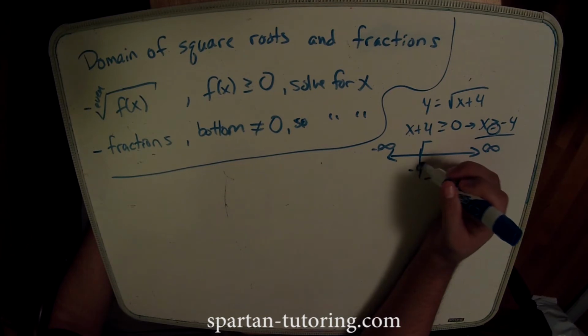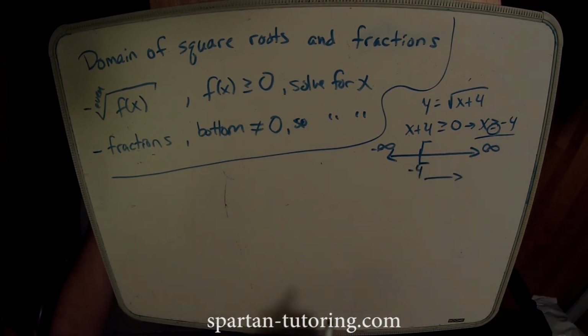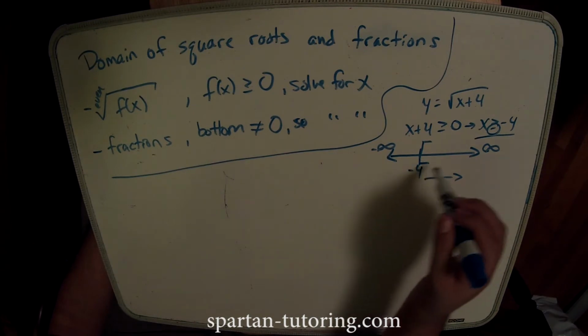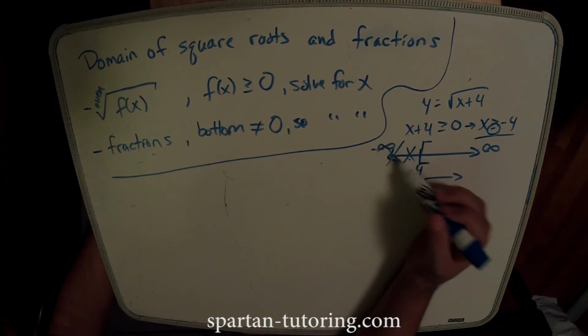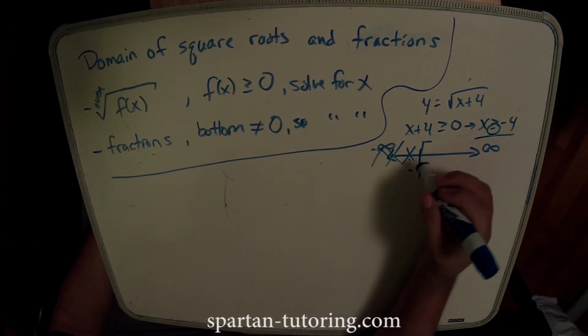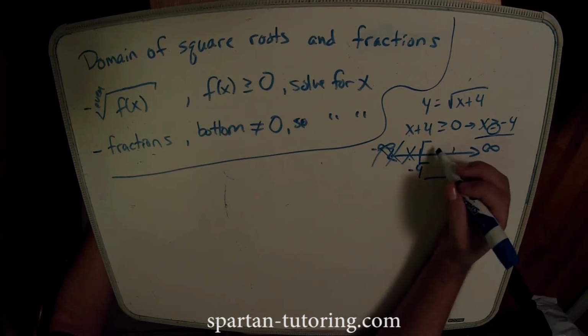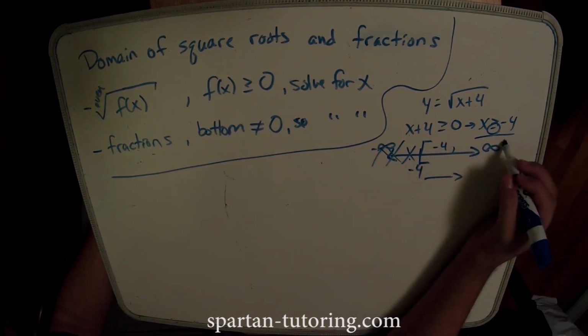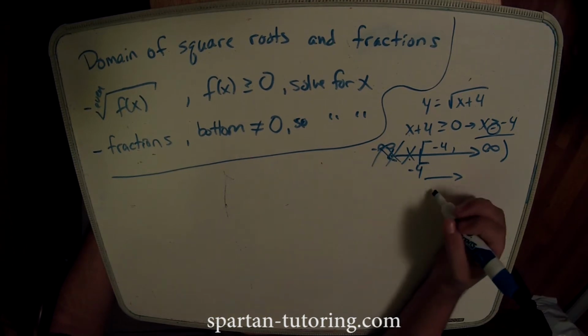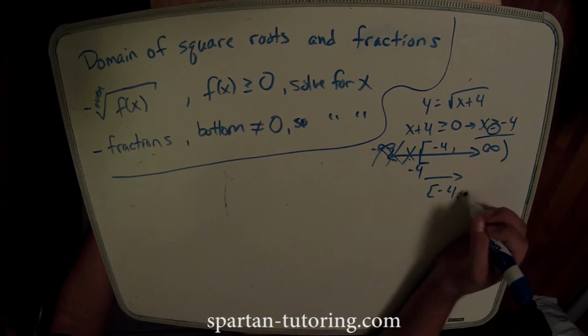If it's strictly less than or strictly greater than, you're going to use parentheses. So negative 4 is included, all of this is gone, and we're going from negative 4 all the way to infinity. So I have negative 4 to infinity. So our domain is negative 4 to infinity.